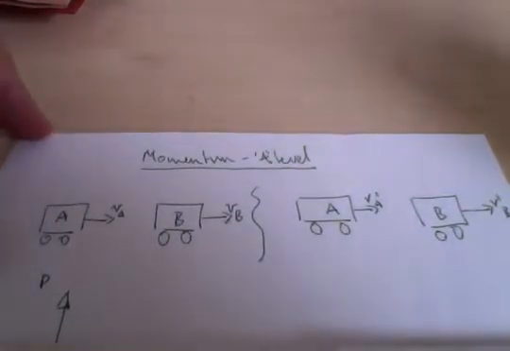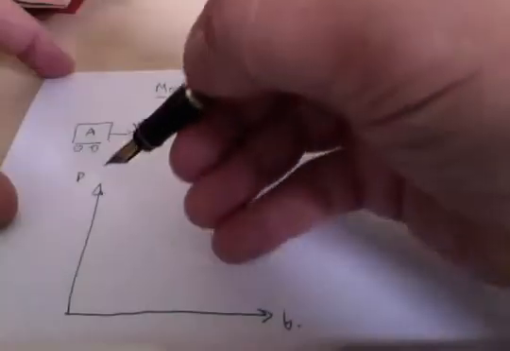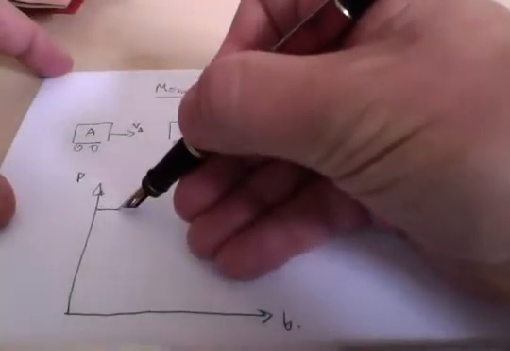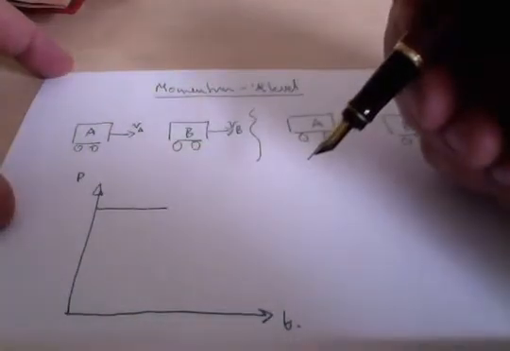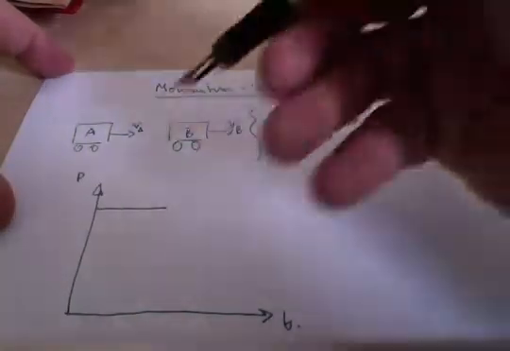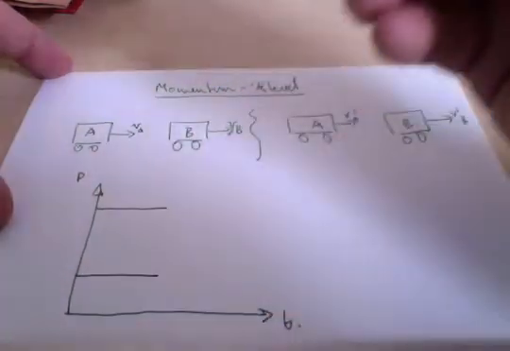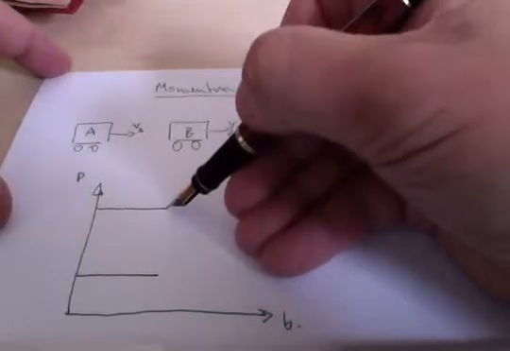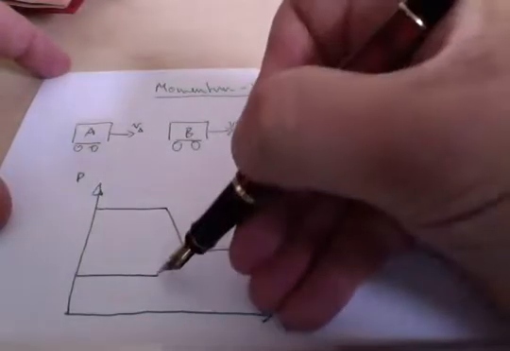We're going to put some numbers to this, but first I'm going to give you a sense of what the graph will look like. Particle A will have a certain momentum, and then it's going to collide with B, and B will have a certain momentum too, and that stays constant until the point of collision.